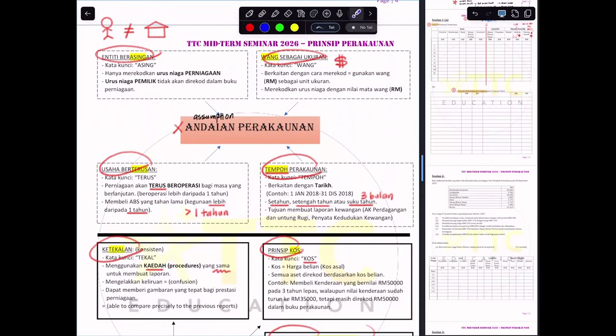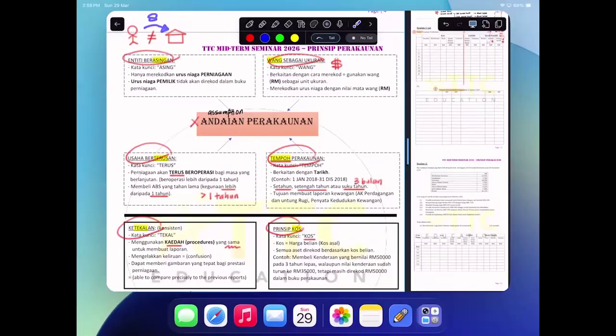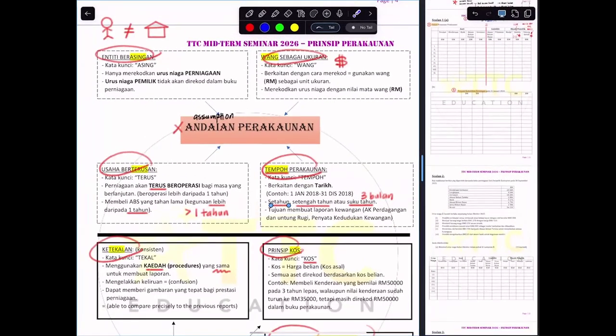Entity berasingan: you see here, the highlighted word is asing. Asing means split, separate. We will separate the boss from the company. Why? Because can the company simply use the boss's money to buy product? No, okay. Then the opposite way, is it possible for the boss to simply use company money to buy a house for his own stay?